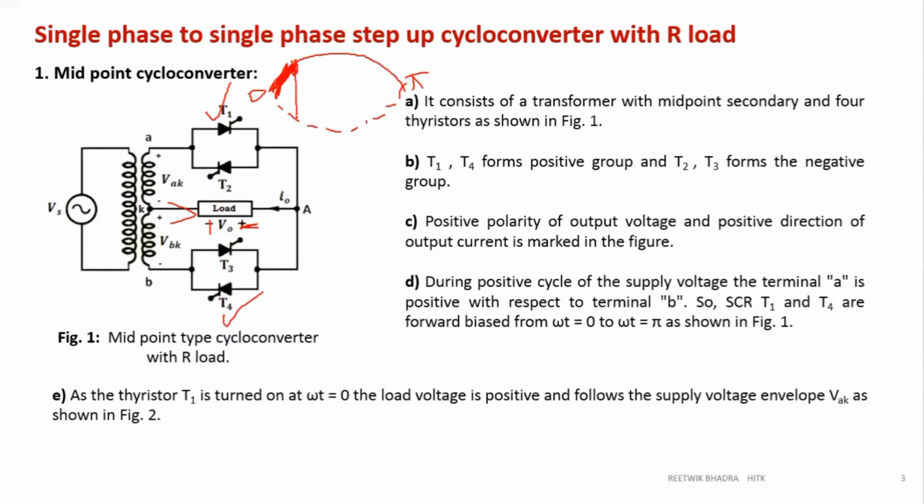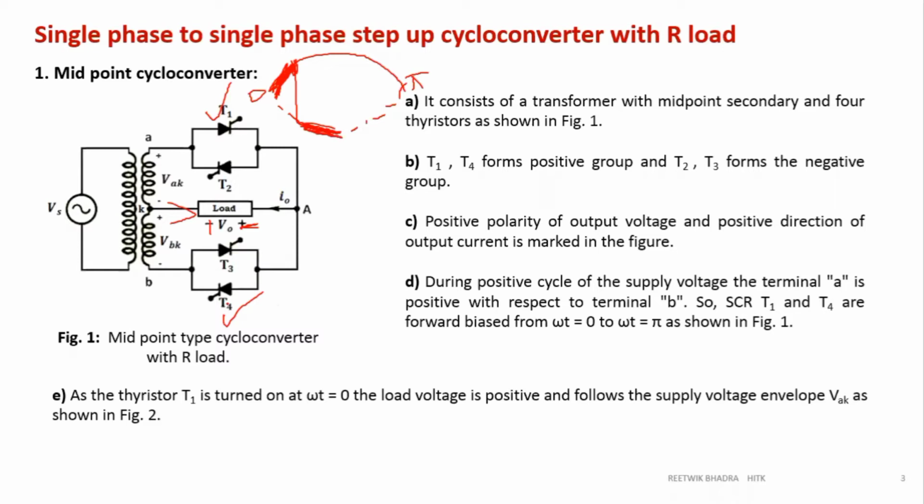So from positive to negative, right? Now this is what one logic states, and the other, better logic is that if T4 is connected, V0 should be equal to VBK. What is VBK? This dotted line. So my curve should follow this dotted line.